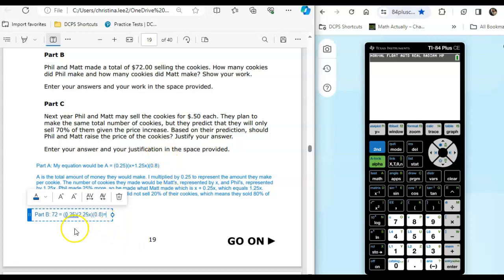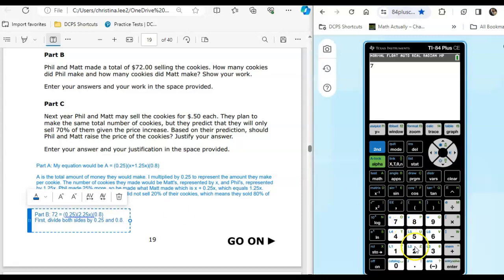I can multiply all of these together and then divide them by 72, or I can just start taking 72 and dividing by those multiples. So let's go ahead and do that. First, divide both sides by 0.25 and 0.8. So we're going to get 72.